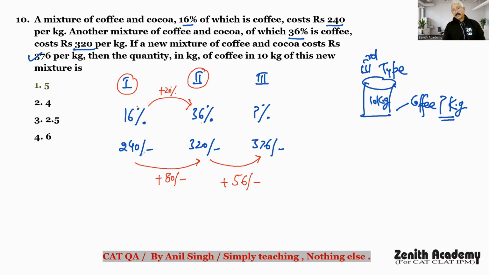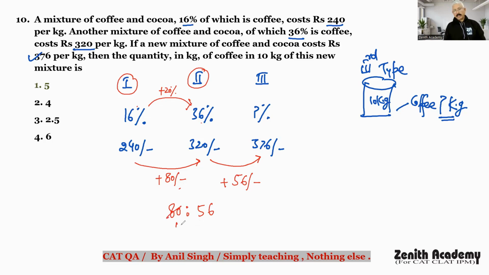So from first mixture to second mixture, the cost increases 80 rupees, and percentage wise, it increased 20%. In the second case, the cost increased 56 rupees. So the ratio between the increase of the cost in the first to second and second to third mixture is 80 is to 56.